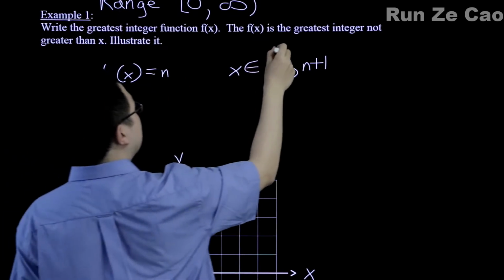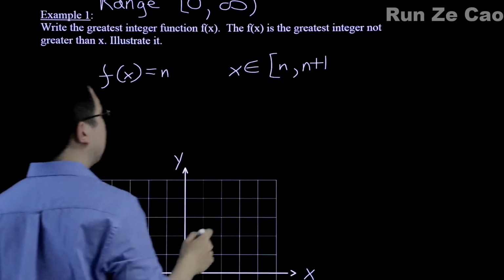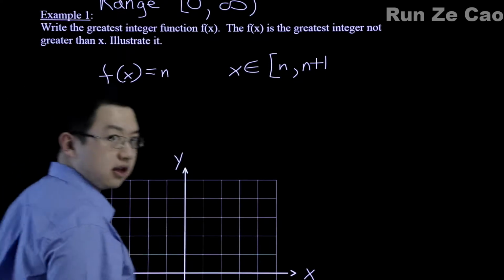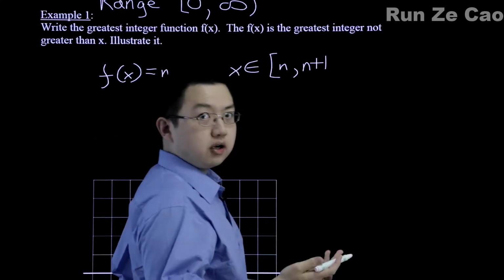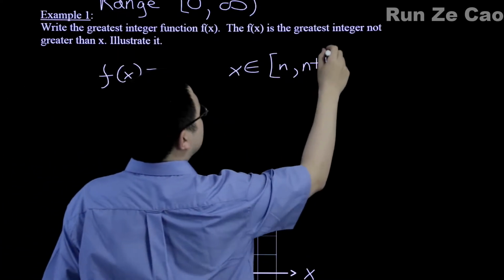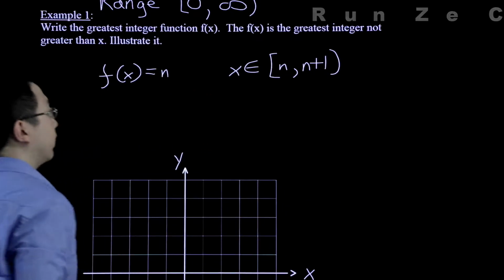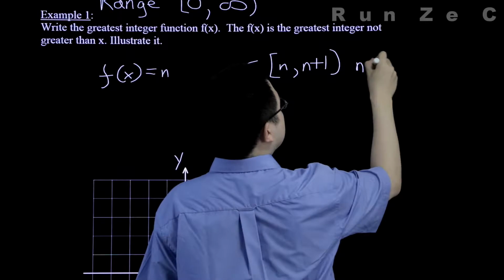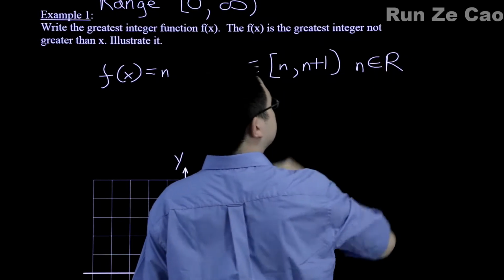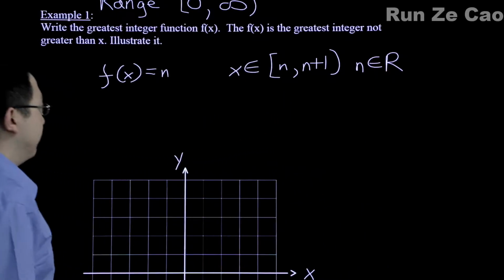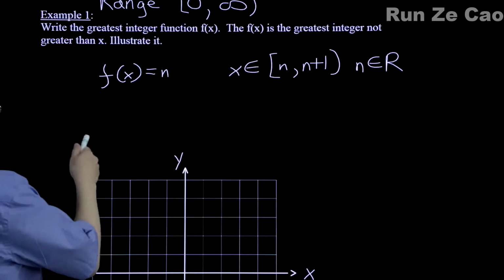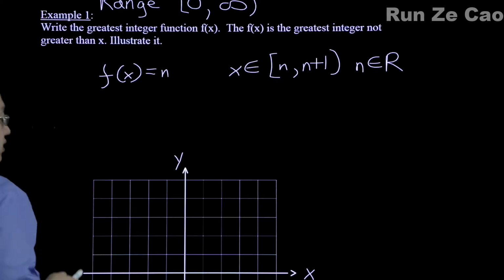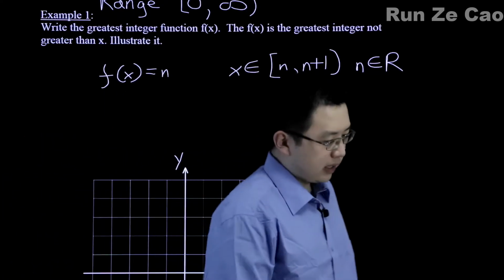But x can be equal to n because it's not greater than x. That means less than or equal to. So it doesn't include n plus 1, which means we write this. And then n is an element of the real numbers. So this we will draw down here.